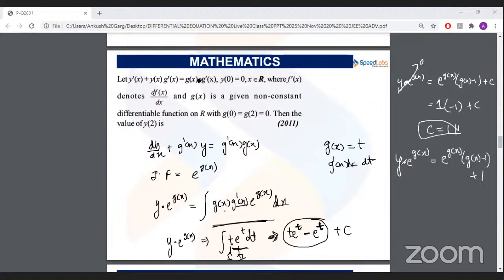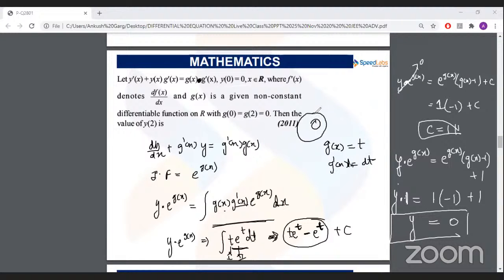So you have to find y of 2, that means put x equals 2. So y into e to the power g of 2, that is again 0, so e to the power 0 is 1, and g of 2 is 0, so minus 1 plus 1. So we're getting y of 2 as simply equal to 0.